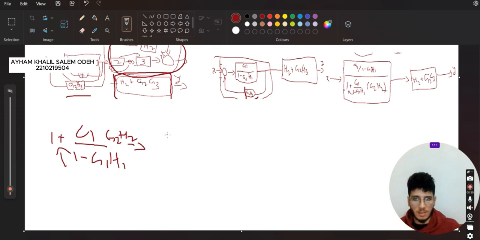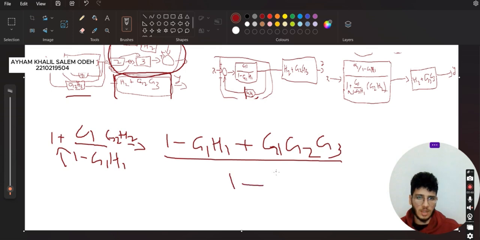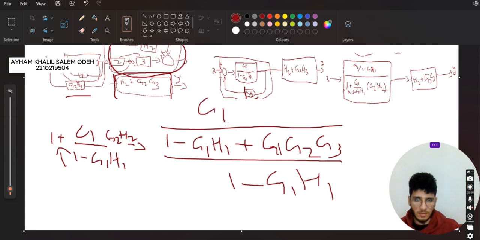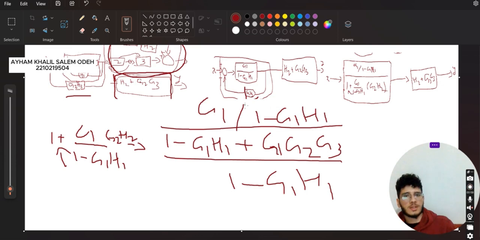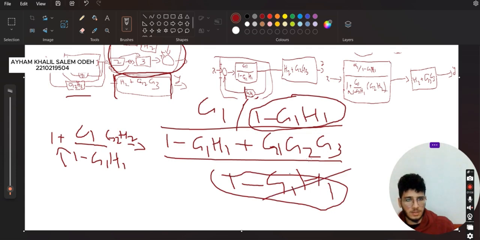It's going to be 1 minus G1 H1 plus G1 G2 and G3 over 1 minus G1 H1. This whole thing is like this, 1 minus G1 H1. Now as you can see, we can cancel this part and this part. Cancel them out. And we're gonna be left with this thing.